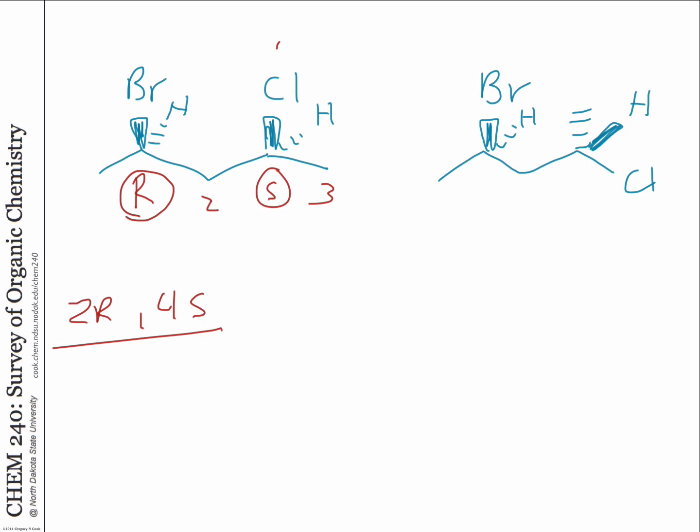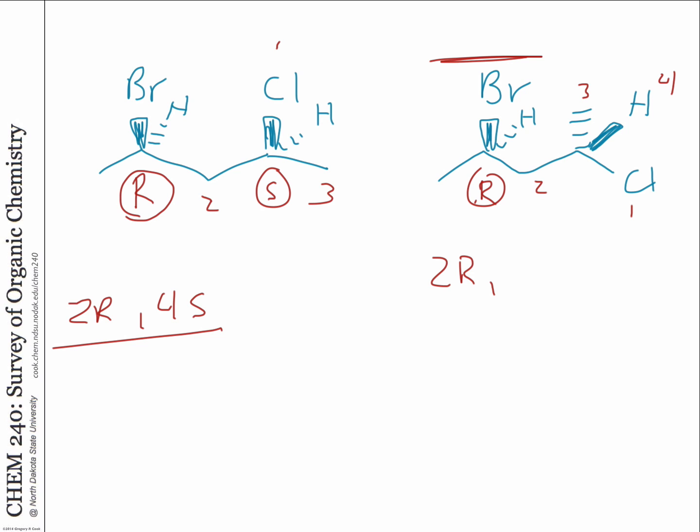Now, compare that to the one on the right. Well, I hope it's easy to see that this one is identical, right? The bromine looks exactly the same, so that configuration hasn't changed. That's R, so 2R. Okay. How about the other one? So from chlorine one to carbon two to carbon three, it's counterclockwise, but the hydrogen is pointing up.